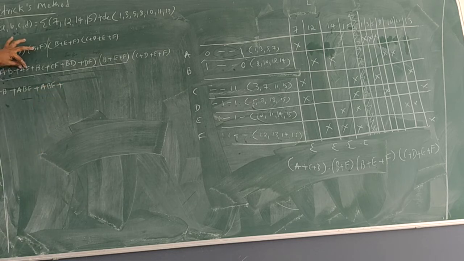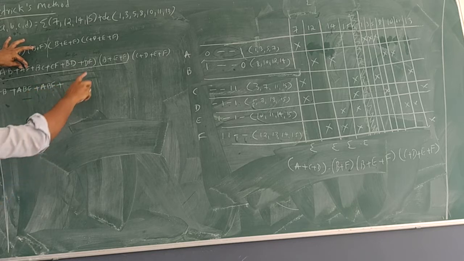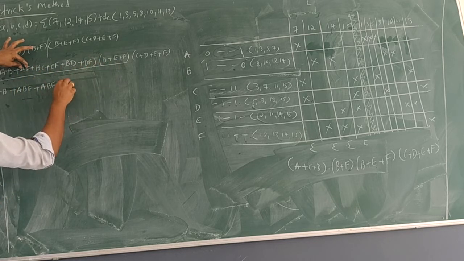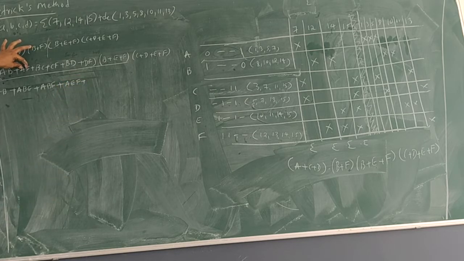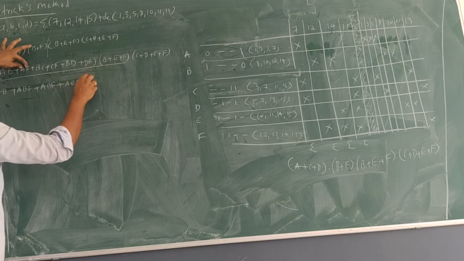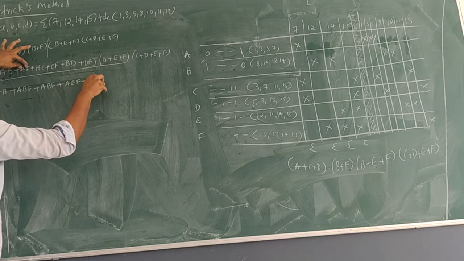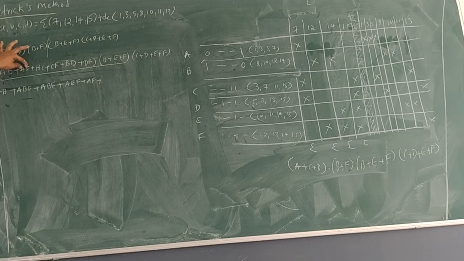Okay, next AF into B, again it becomes ABF, so I will not write it once again. Next, AF into E, which I write as AEF. Next, AF into F will become AF.